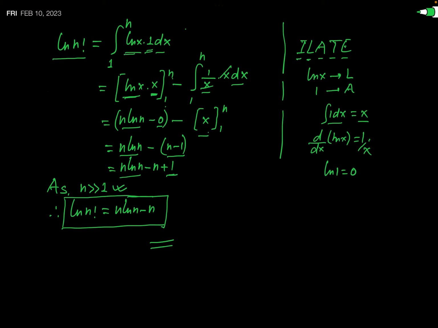You can see ln n factorial is equal to n log n minus n. And this is simply the Stirling formula. So you have seen how easily we can obtain this Stirling formula or prove this Stirling theorem.